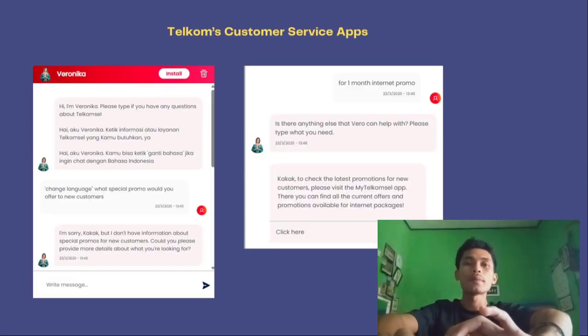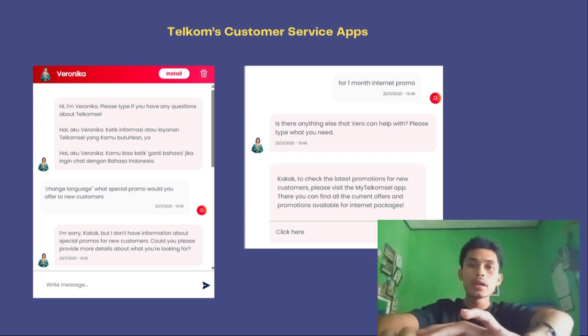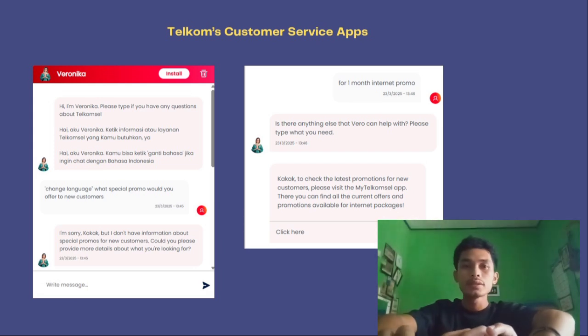So here's an example of a customer's conversation with the chatbot. The customer here asks a question about what special promo he can get from Telkomsel now, and the AI, Veronica, answers it directly.